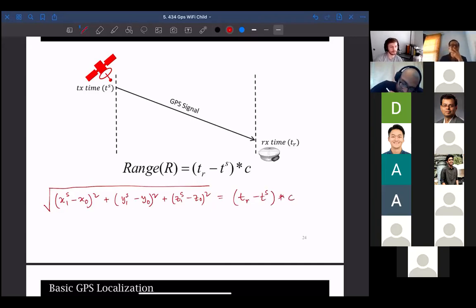Do you agree? This is the range. I've expressed this range as a function of known parameters and my unknown parameters.